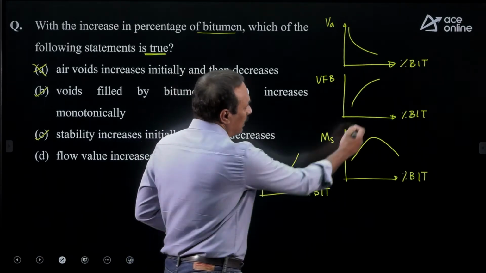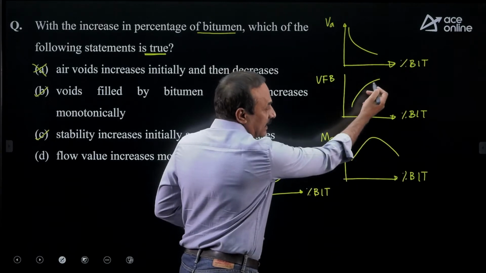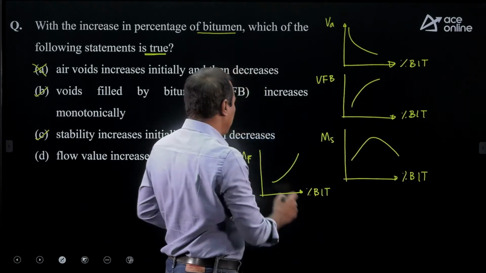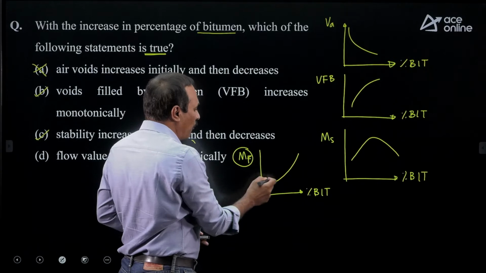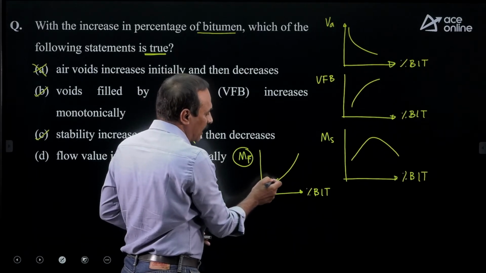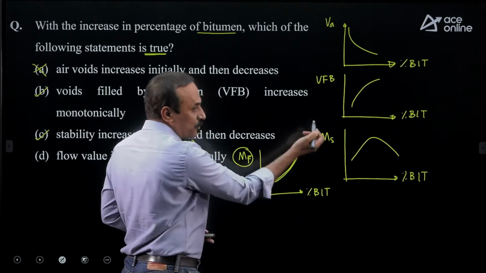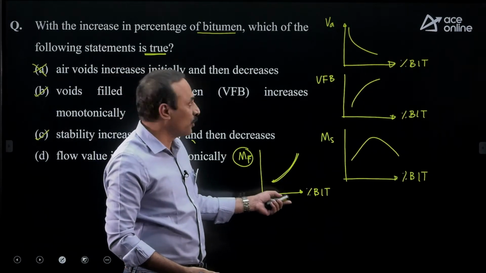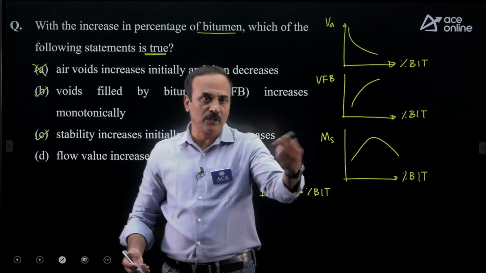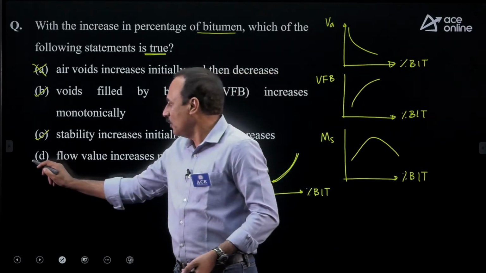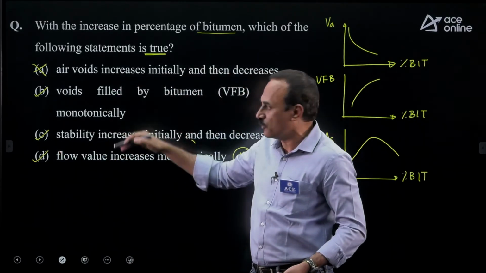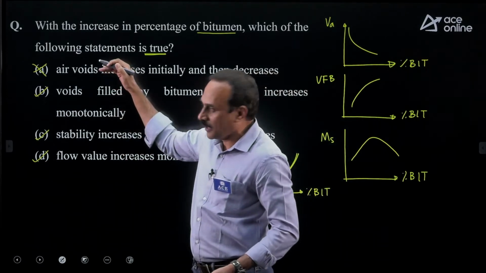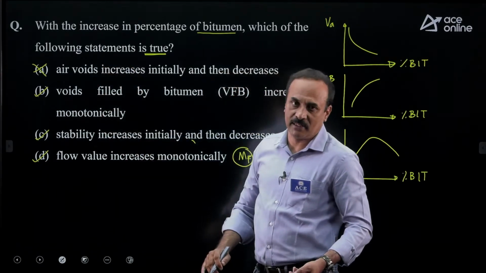This is a concave type, this is a convex type, but this is increasing continuously, voids filled by the bitumen. And Marshall flow value also initially has less slope and has higher slope as you increase the bitumen content. This is also increasing monotonically. So it is also a multi-select question, except option A, all other options are correct.